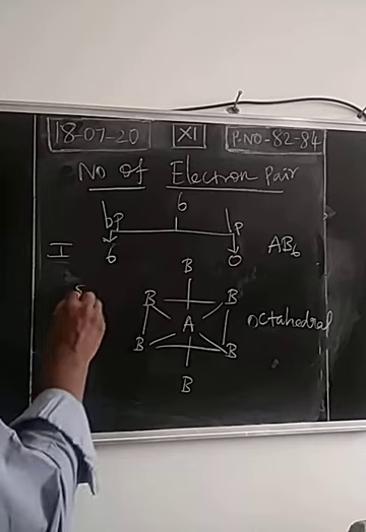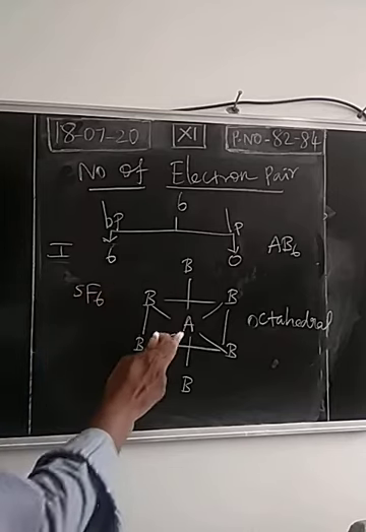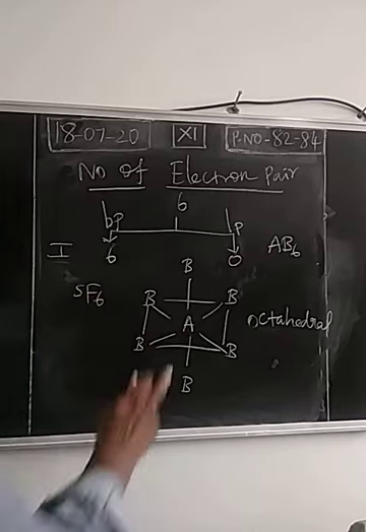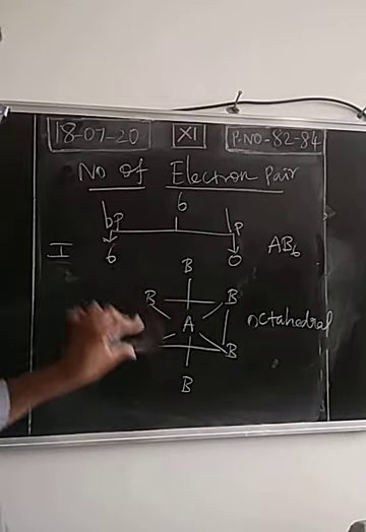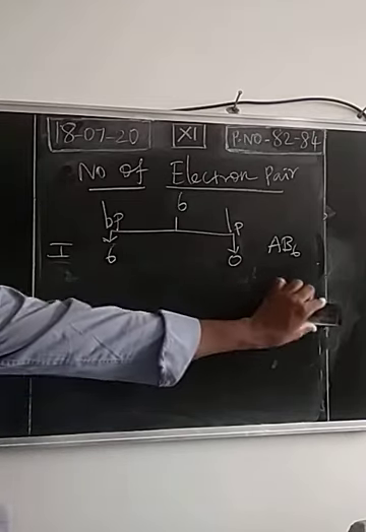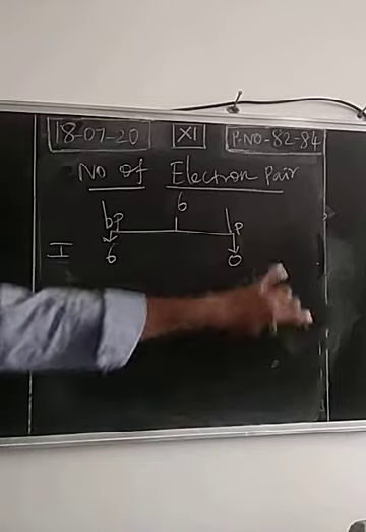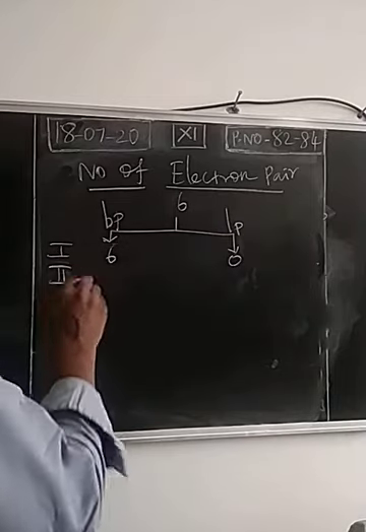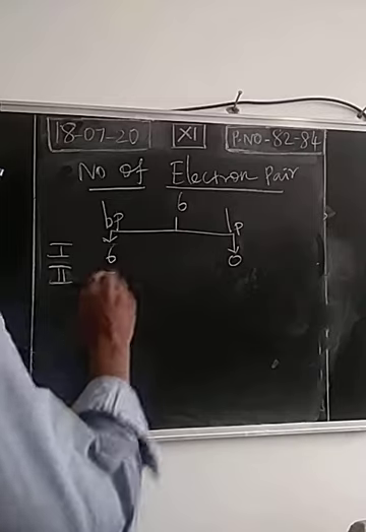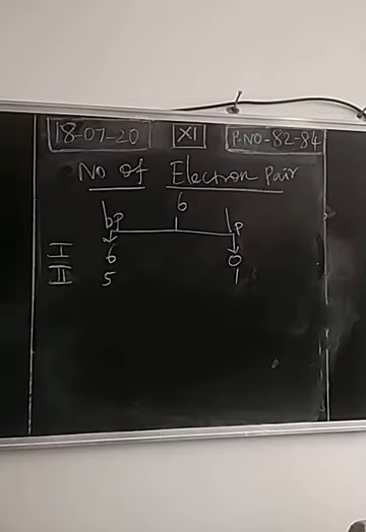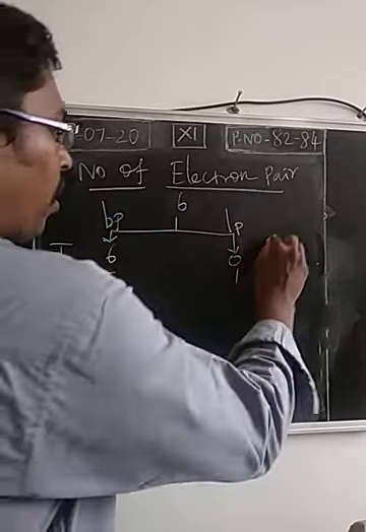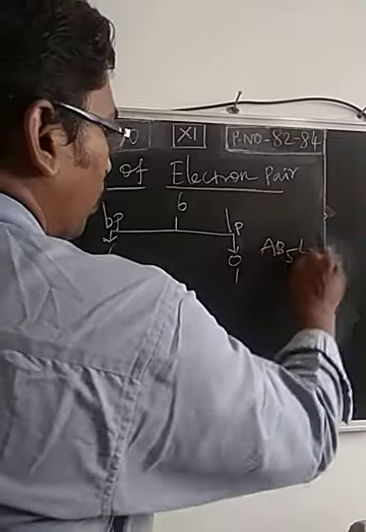Example is sulfur hexafluoride. Sulfur will be in the center place, the central atom, with the remaining 6 fluorine. Okay. Next, out of 6 electron pairs, the possibility is 5 pairs of electrons present in the form of bonded pairs, and 1 present in the form of a lone pair. The formula will be rearranged as AB5L.